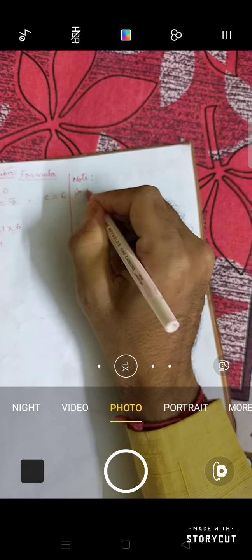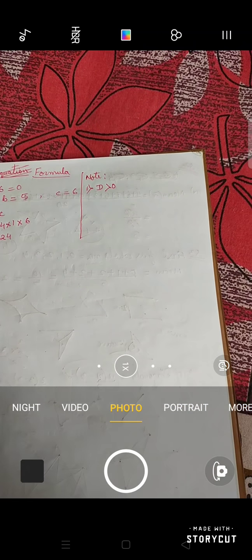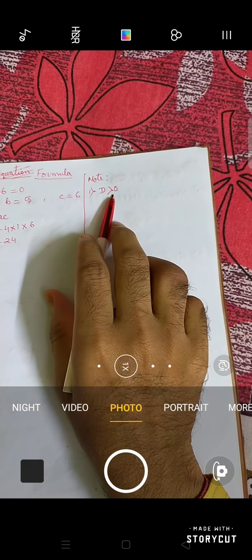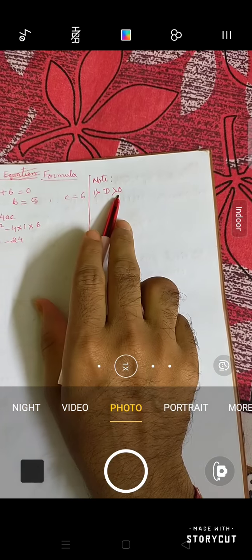If D is greater than 0, remember that here you can see D is 1. So is that greater than 0 or not?